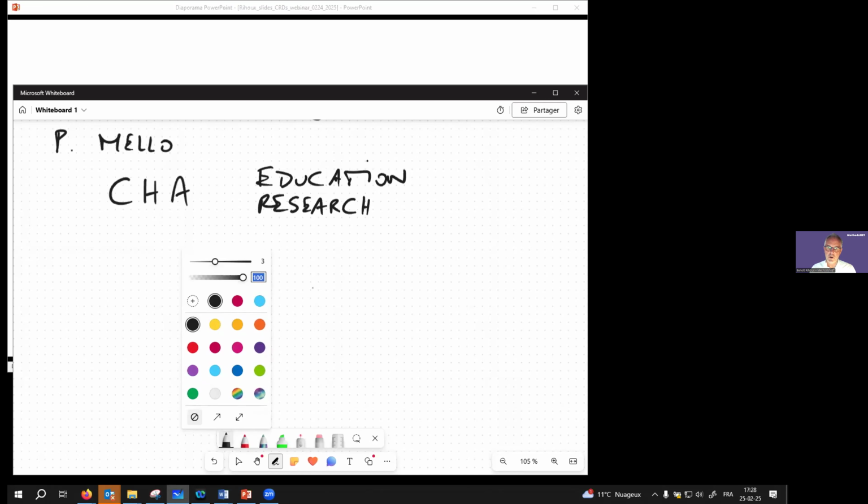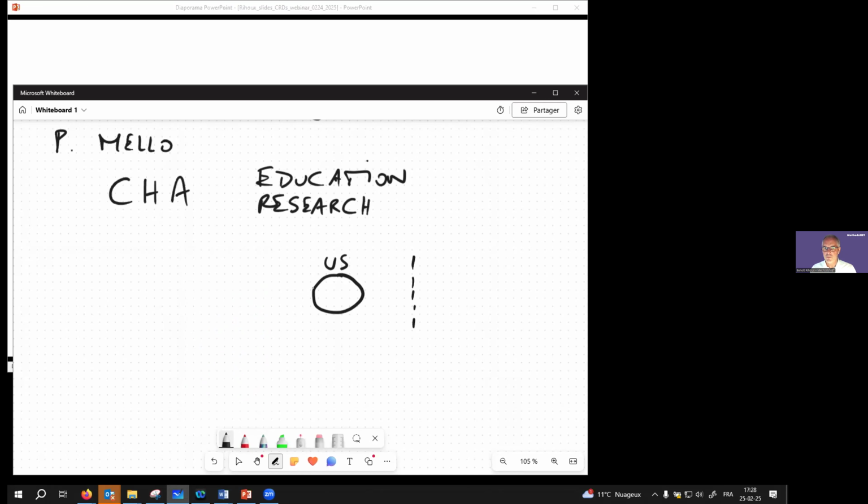When you want to compare, on the one hand, a large country, let's say the US, and then in the European context you have some other, smaller countries, let's say Luxembourg, Lithuania, and Slovenia.